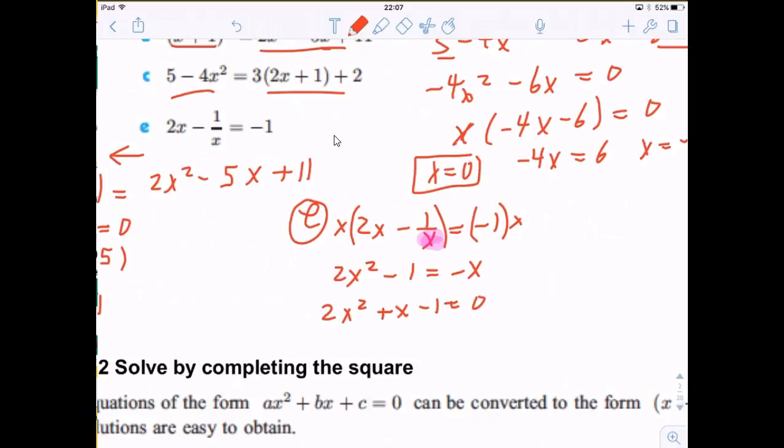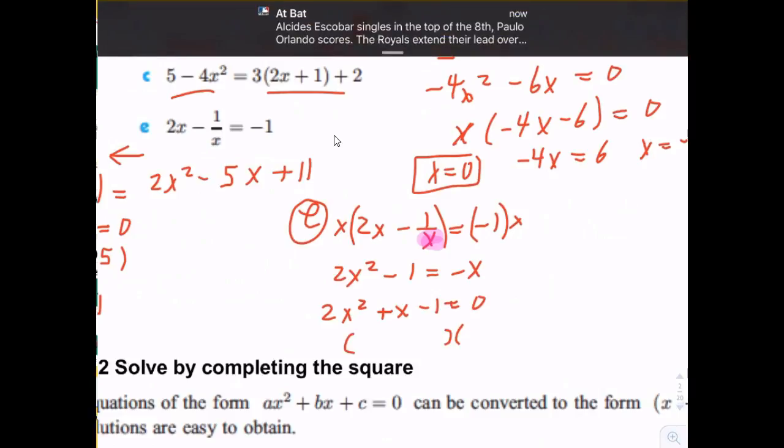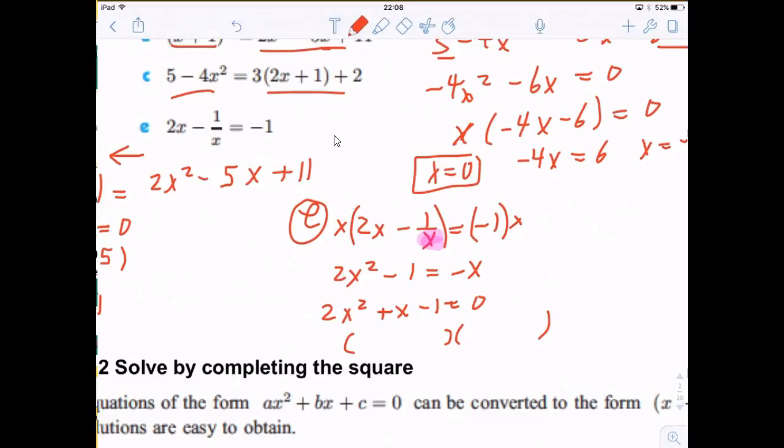Okay, and then I'm going to factor. So I'm going to get 2x here, I'm going to get x here, then I got 1 here, and I'm going to make them both negative just to start out with. I'm going to make this one positive and this one negative because my experience tells me that that's right. So let's check that.